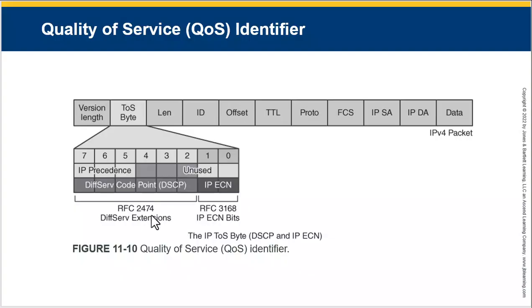Okay, now the way this works, there's a whole bunch of bytes in an IPv4 packet header. Your data is back here. We have IP destination address, IP source address, time to live. Okay, so TOS is just part of the signaling that's used by IP traffic.